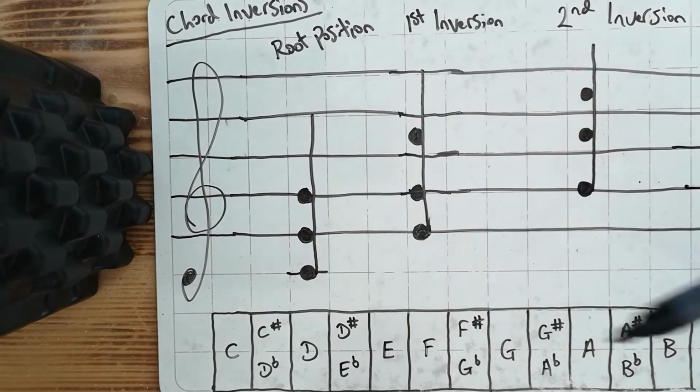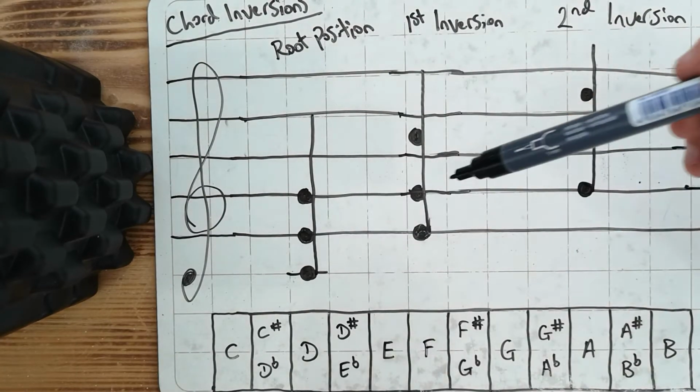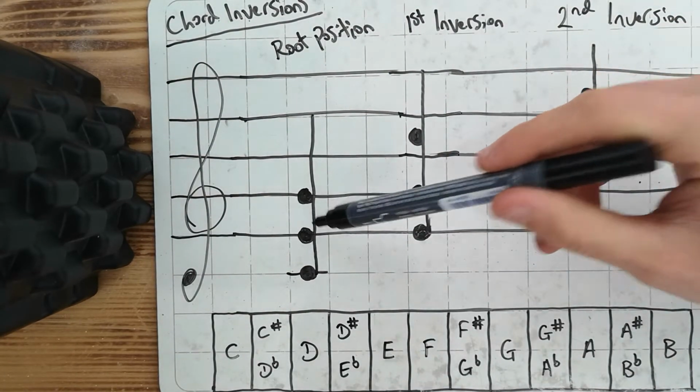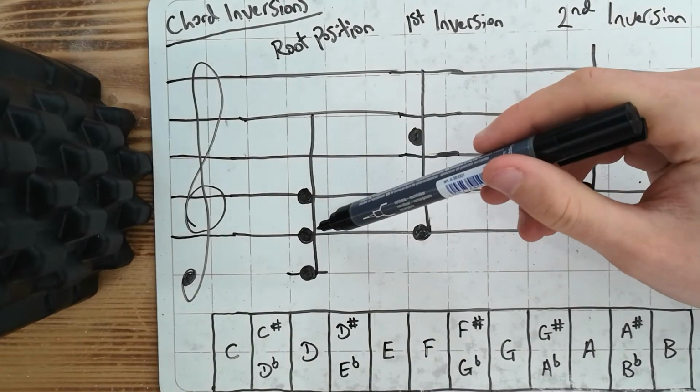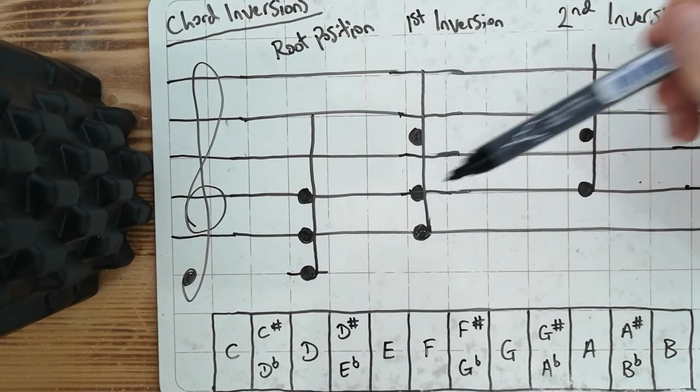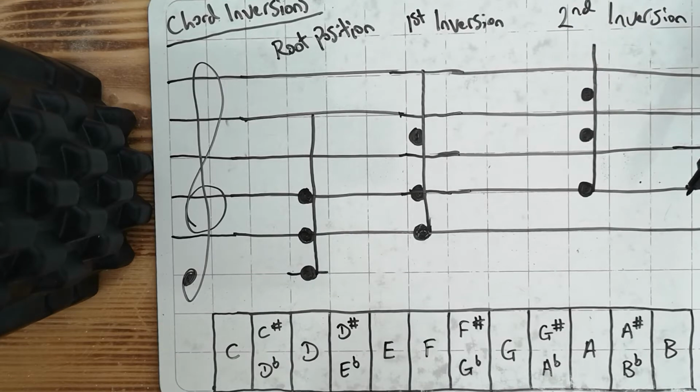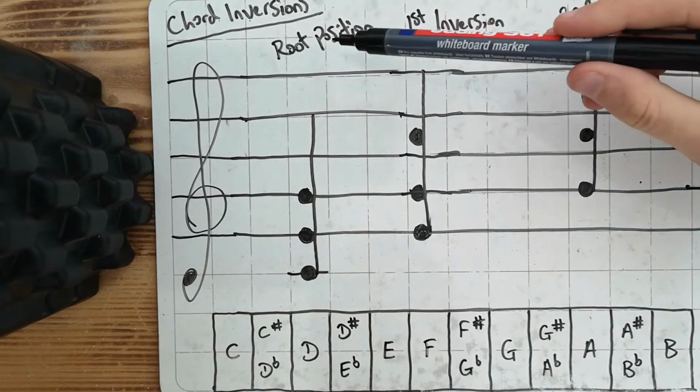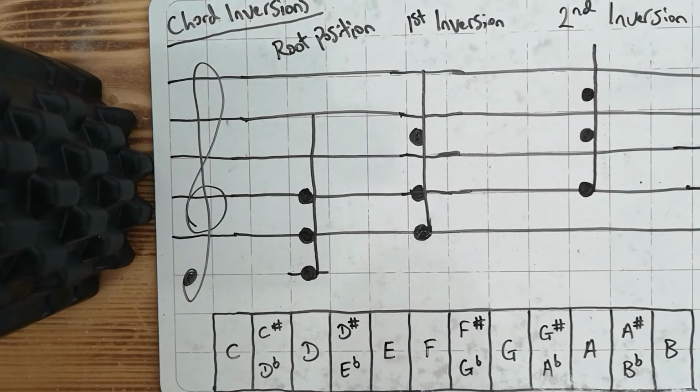If you've got a piano or a keyboard or something you can play on, try playing these three different versions of the same chord and you'll hear how this sounds strongest, this sounds weakest, and this sounds somewhere in the middle. These are inversions, whether it's root position, first inversion, or second inversion, and it's the same with every chord.